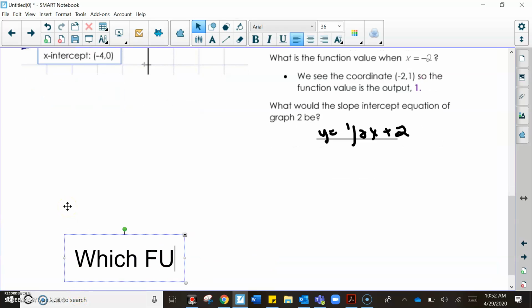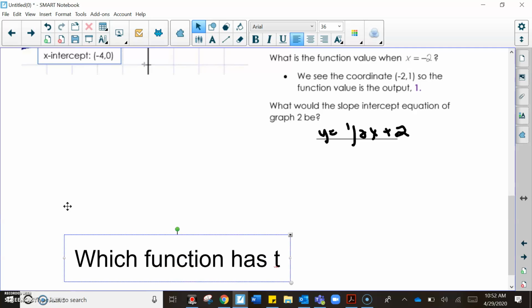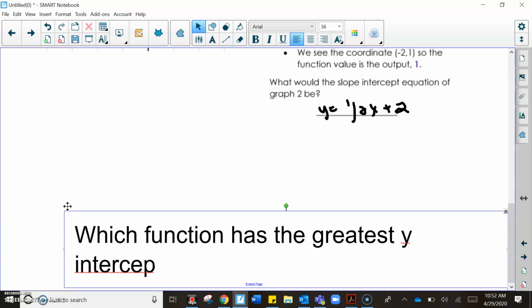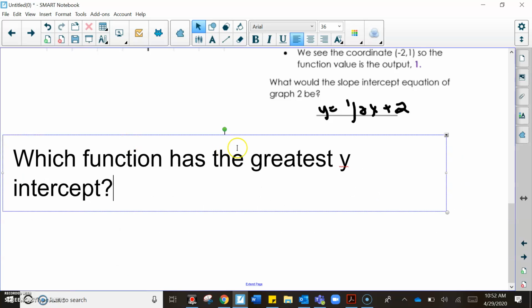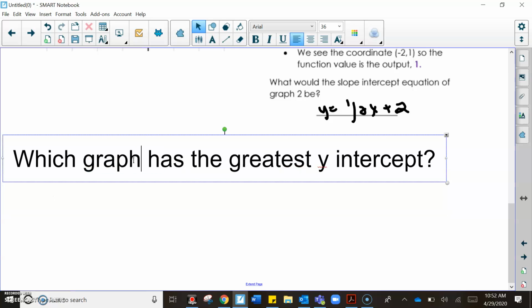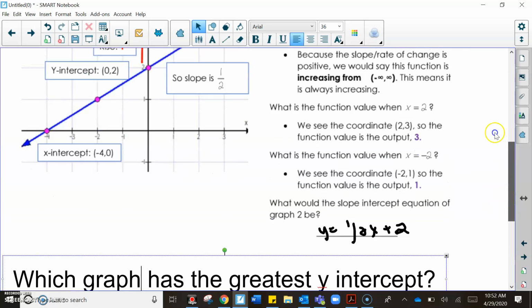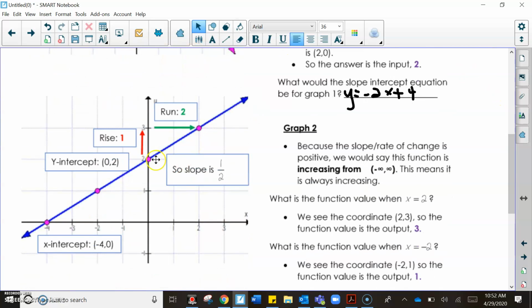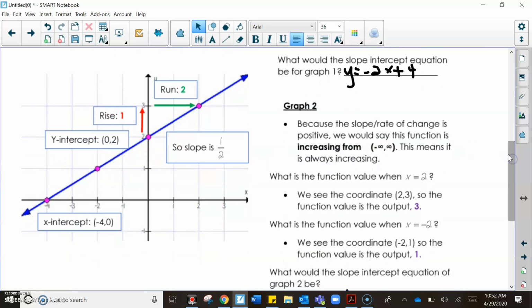Which function has the greatest y-intercept? Graph 1 or graph 2? So we can say which graph. So let's look. We have a y-intercept of 4, and we have a y-intercept of 2. I can see that on the graph, and I can see that in my equation here.